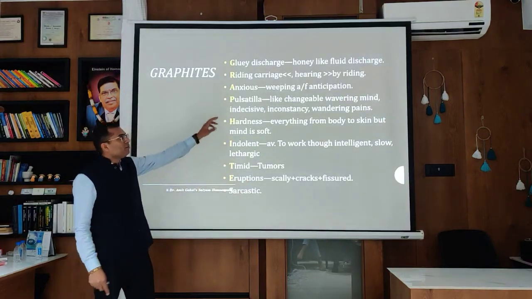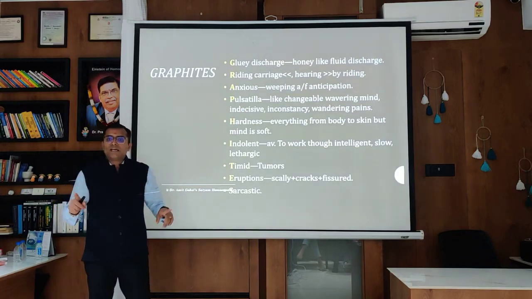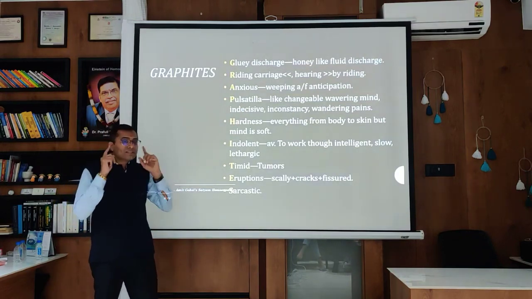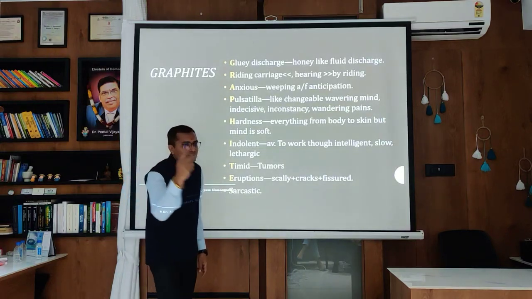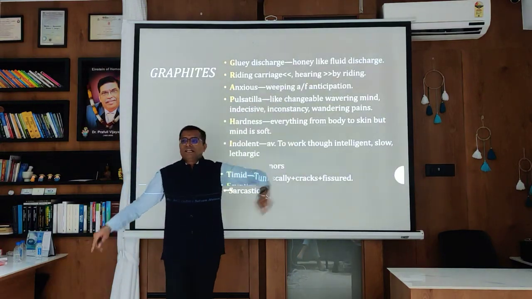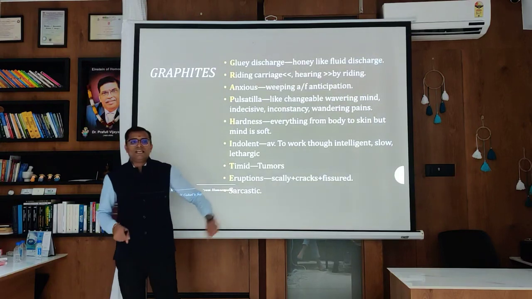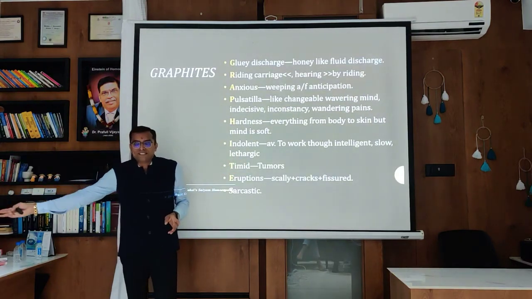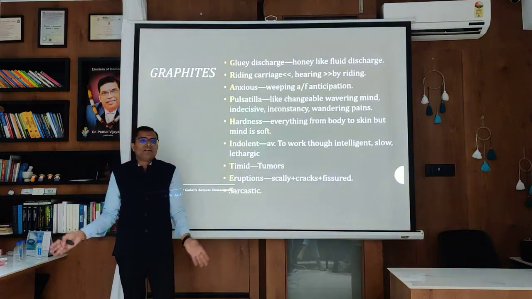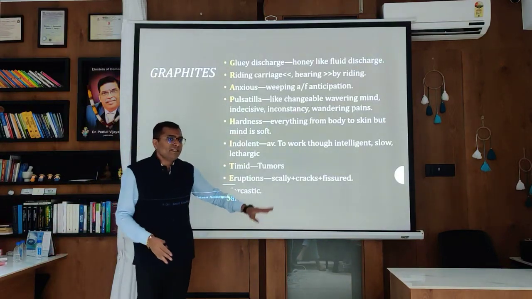But the hearing is only ameliorated by riding, because the otolith gets stimulated, the organ of equilibrium is stimulated, and it ultimately stimulates the vestibular system. That's why a very important modality in graphites is hardness of hearing ameliorated by riding in a carriage, whereas all the symptoms are aggravated by riding in a carriage. Are you getting me? This is the pathology.